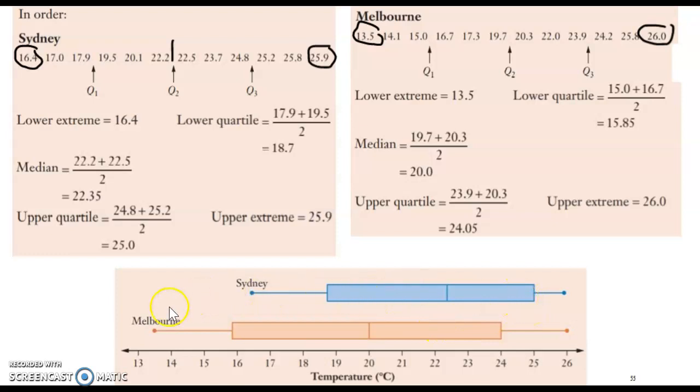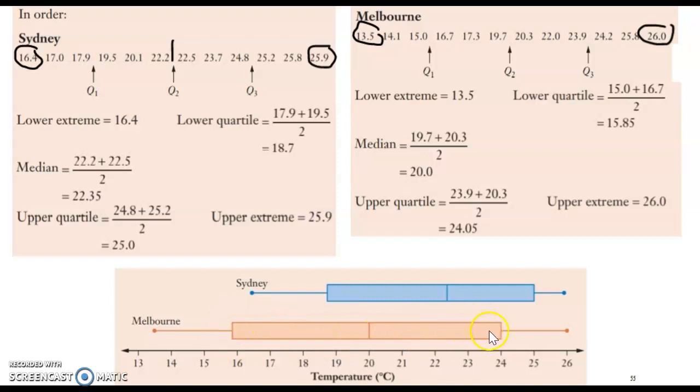And now we can compare our two graphs, you can easily see that Melbourne is more spread apart. Remember, the range comes from this highest score minus the lowest score, so it has a larger range than Sydney. The distance of the box gives us the interquartile range, so we've got 24 minus 15.85.